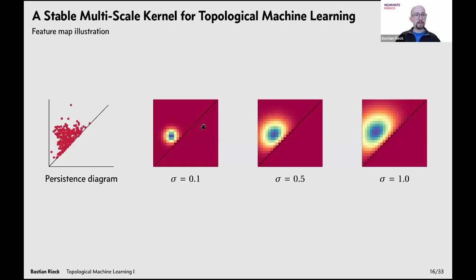Let me briefly illustrate what this feature map does, because I think the nice way to think about this is to say that it's a way to diffuse heat in the persistence diagram. So it treats every point in the diagram as a little bit of a heat source, and then it smooths over all of these heat sources. And maybe this is a little bit too illustrative here, but if you take this diagram here and you use a big smoothing scale, then you essentially end up getting this nice blob here.